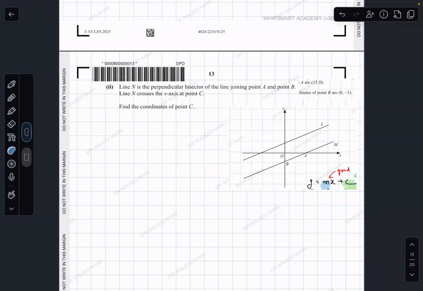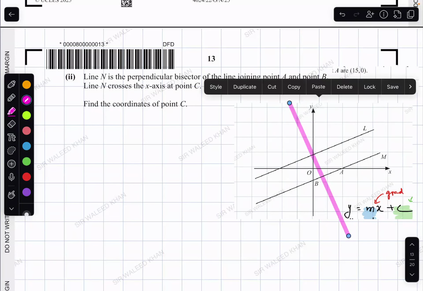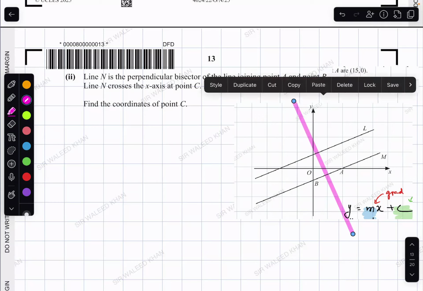Now, line L is a perpendicular bisector of the line joining point A and point B. So let's say this line they're talking about, the whole line over here, but in particular joining point A and point B. The perpendicular bisector of this will be a line which is cutting this line at 90 degrees.